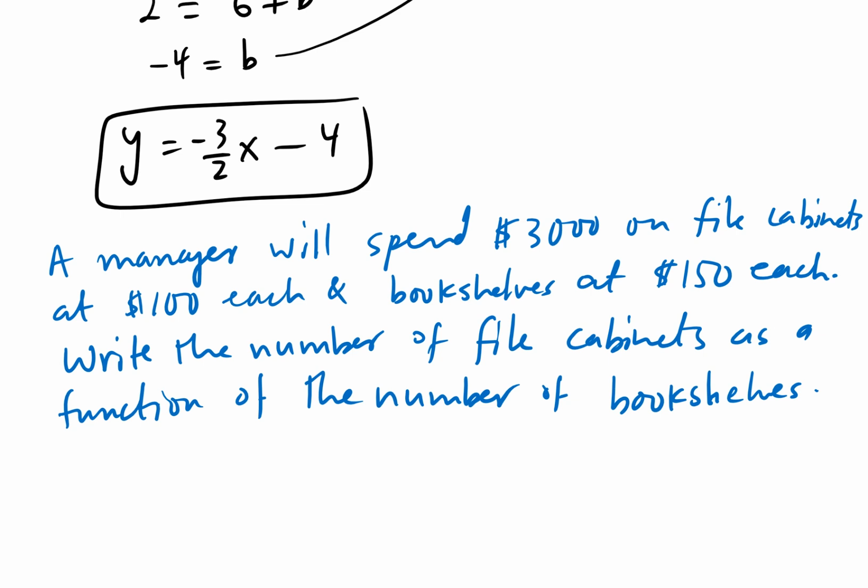So here they talk about file cabinets and bookshelves. Let's say C represents the number of file cabinets, and B is the number of bookshelves.